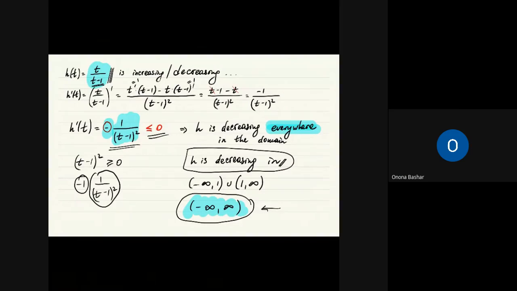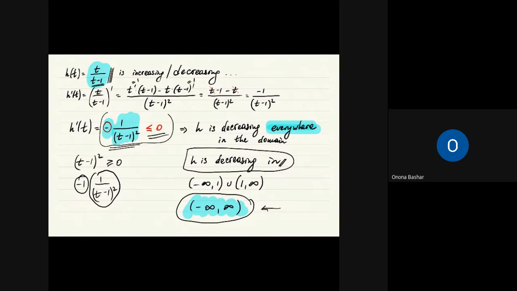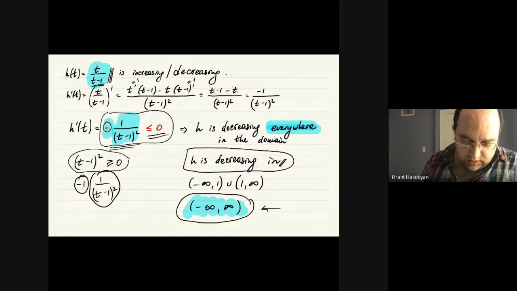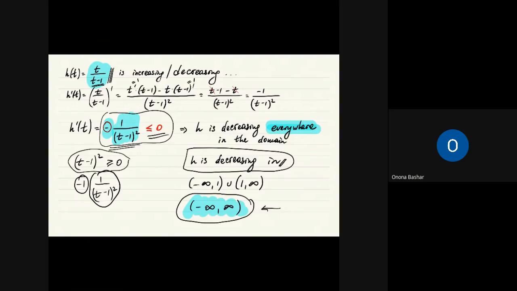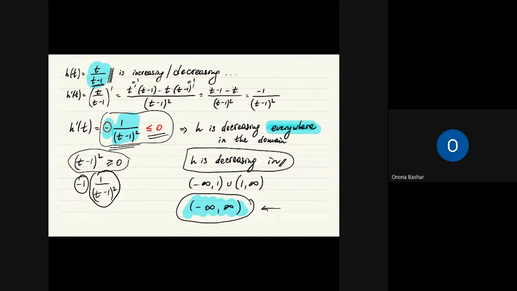It's saying (t minus 1) whole square and the sign. This one? No, the next line. Yes. It means (t minus 1) whole square is bigger than 0. Right. But you're saying it's decreasing.